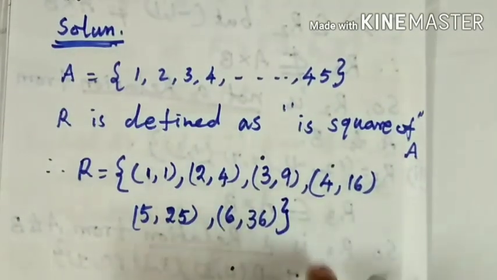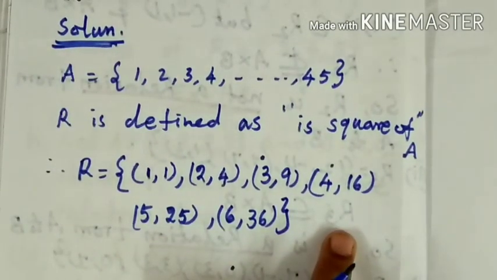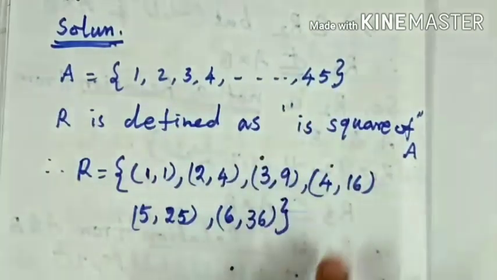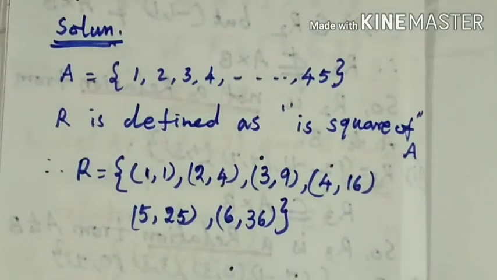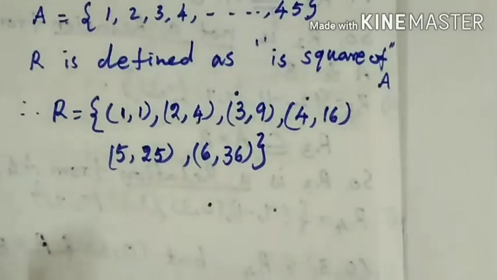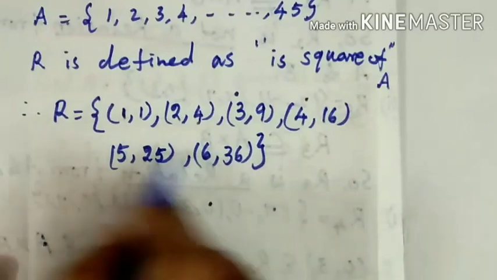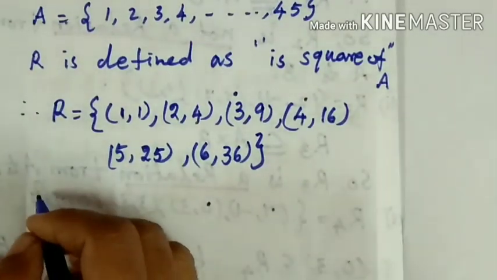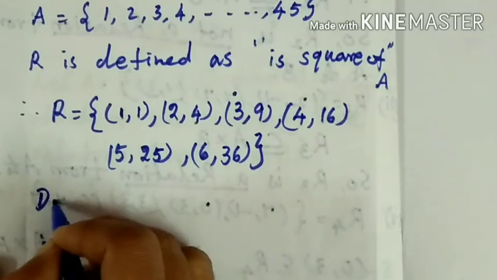That's all. Don't write (7, 49) because 49 is greater than the elements of set A. Now we get the ordered pairs of relation R.